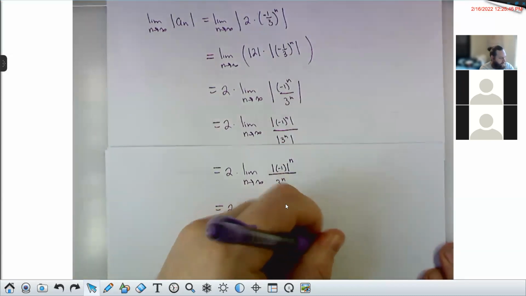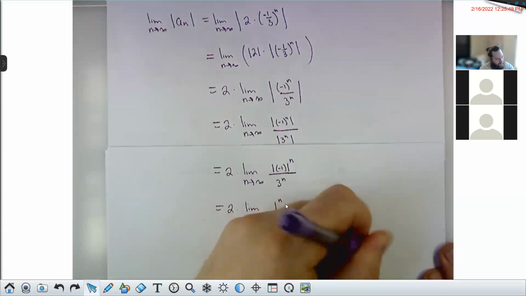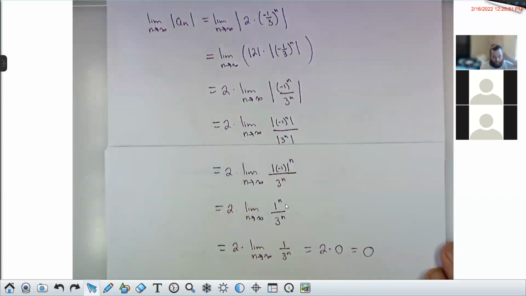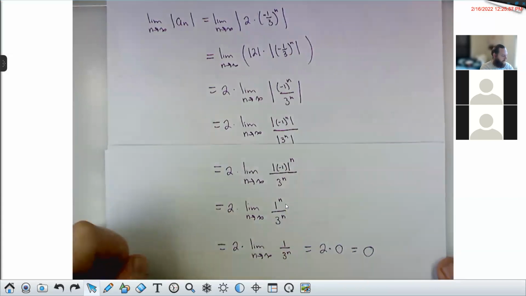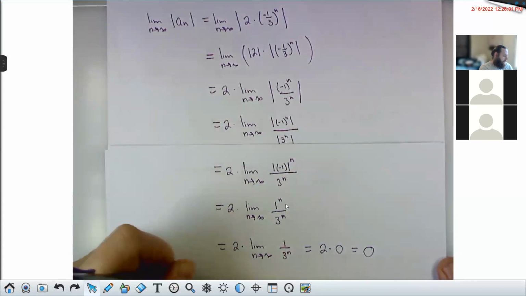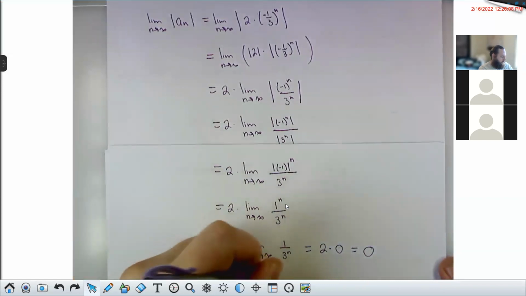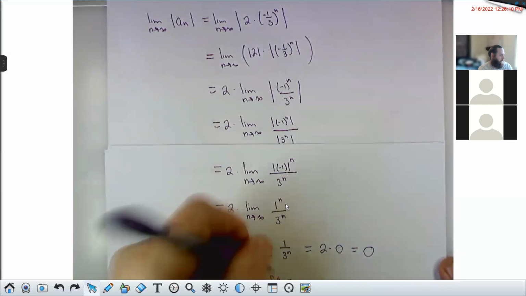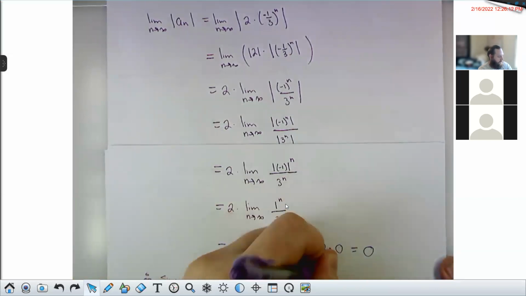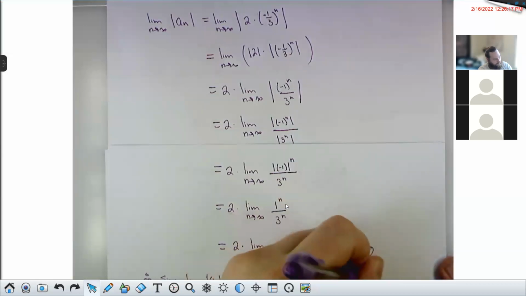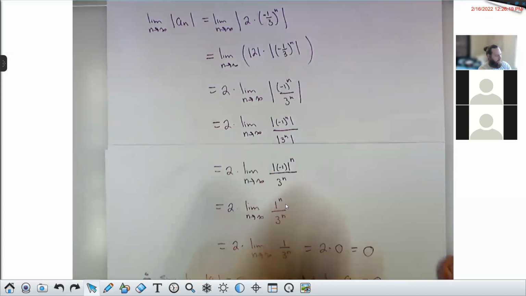This is 2 times 0, which is 0. Therefore, since the limit as n goes to infinity of the absolute value of a_n is 0, it follows that the limit as n goes to infinity of a_n itself is 0. And you're done.